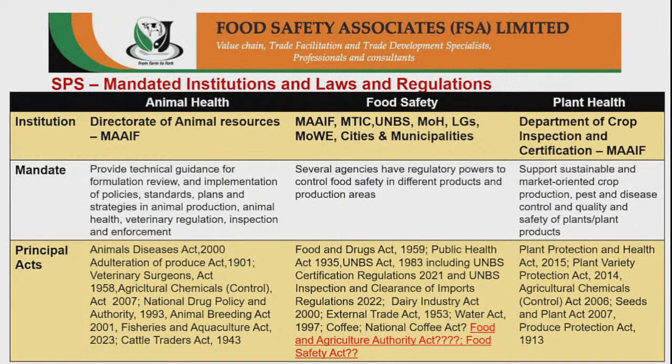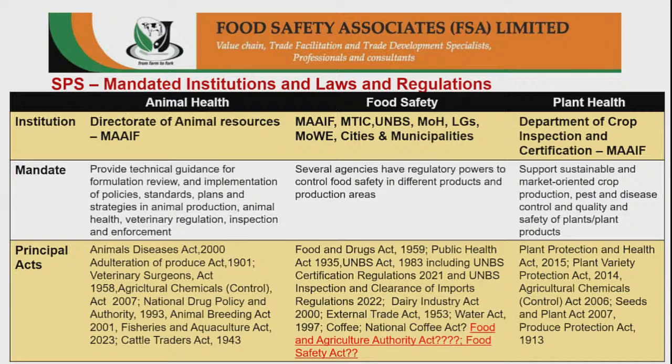They have several laws so far. I am also of the view that we don't lack any documents here in Uganda. Everything is there, apart from the SPS policy and the food safety law, as I will talk about. The rest, we have them.